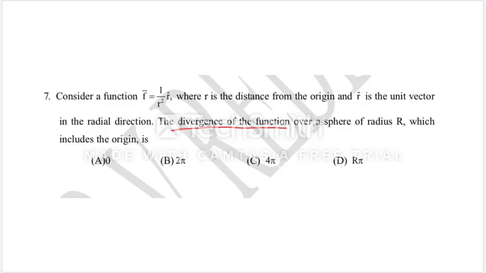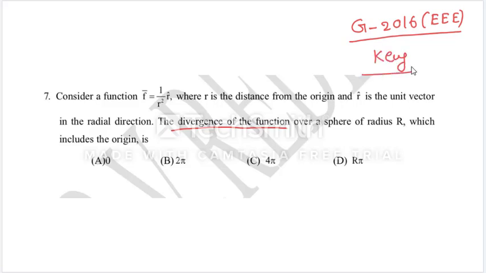Praveen, after completion of the class, go to the IIT's website and see the GATE 2016 electrical paper, see the question number and the key given by the IITs.